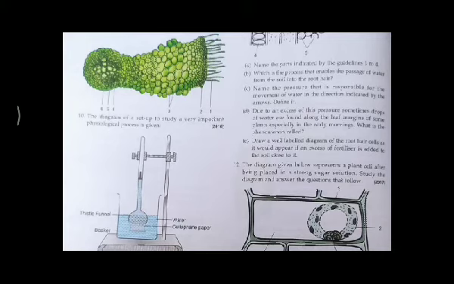Next question is: draw a well labeled diagram of the root hair cells as it would appear if an excess of fertilizer is added to the soil close to it. So according to this condition, what happens over there? If excess of salt or fertilizer is added around the root hairs, then plasmolysis will be observed.